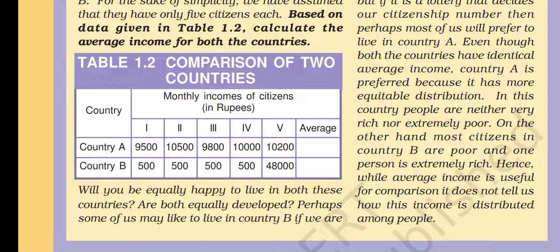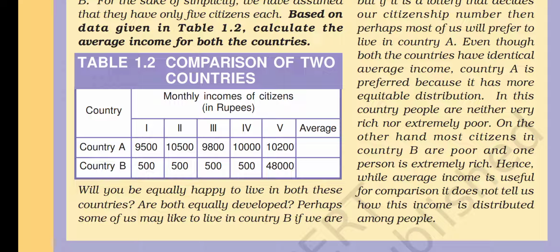But in country A, the income is earned by different people with a good amount. Each of them has almost an equal amount of income. So in that case, average income is a useful comparison, but it does not tell us how this income is distributed among people.